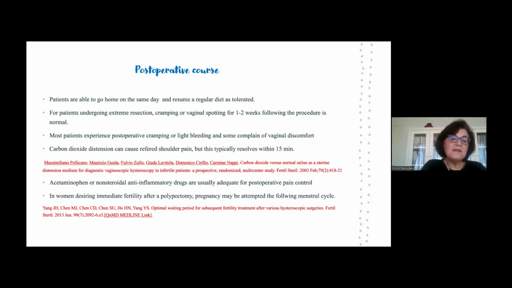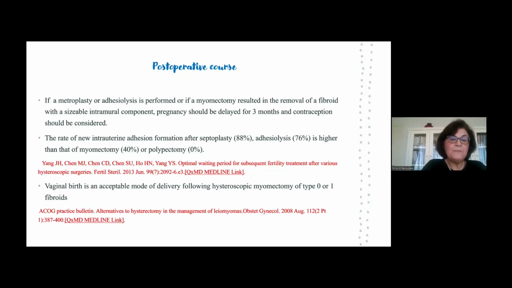In women desiring immediate fertility after polypectomy, pregnancy may be attempted the following menstrual cycle. If a metroplasty or adhesiolysis is performed, or a myomectomy results in the removal of a fibroid with a type 2 intramural component, pregnancy should be delayed for 3 months. Contraception should be considered.